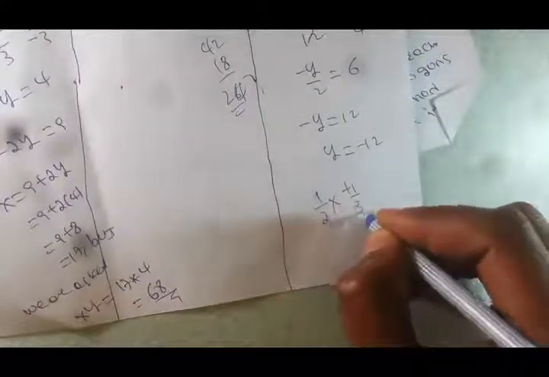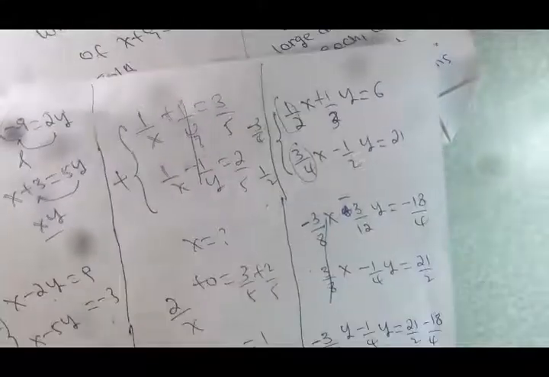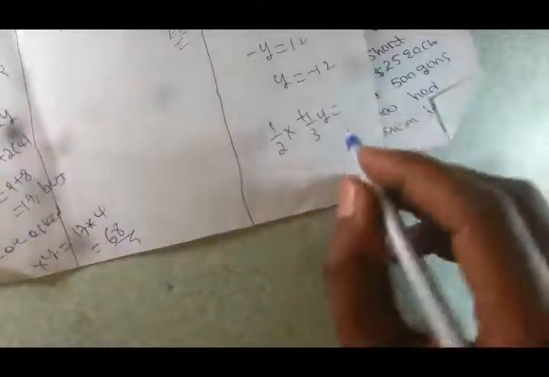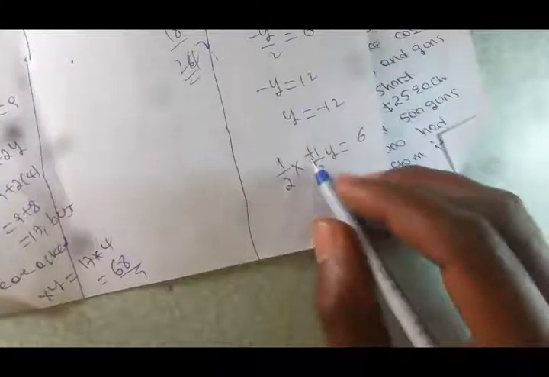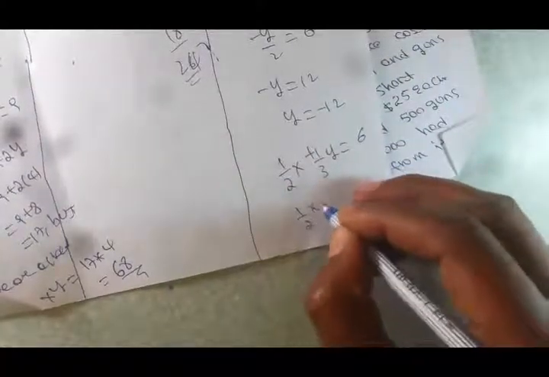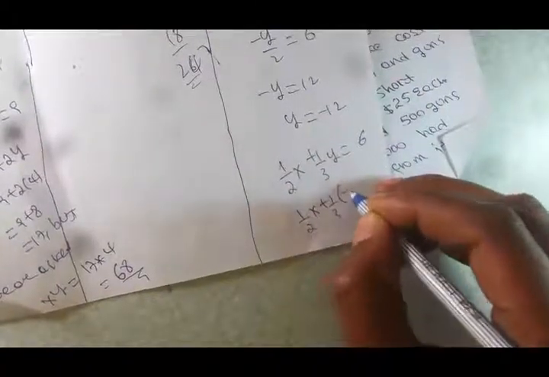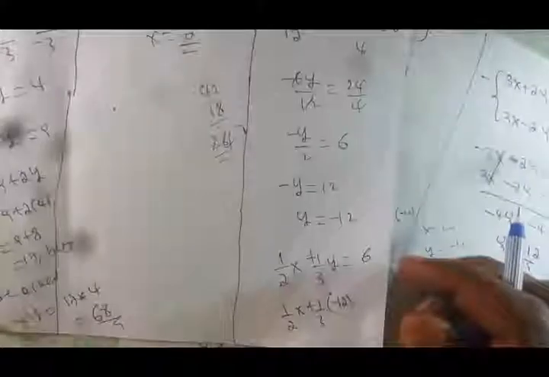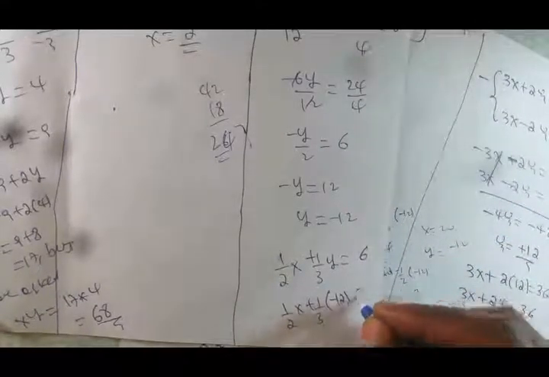To find x, we know that 1 over 2x plus 1 over 3y is equal to what? 6. Therefore 1 over 2x plus 1 over 3 times minus 12 is equal to 6.